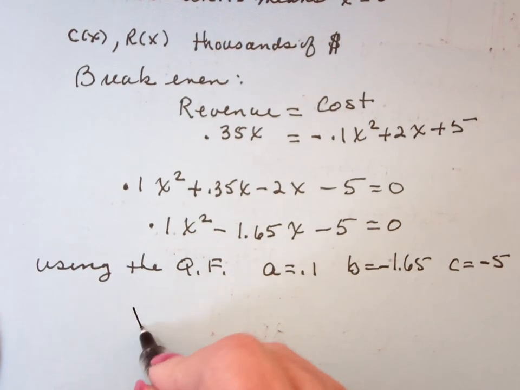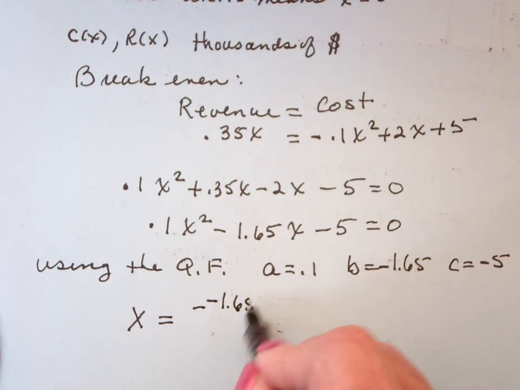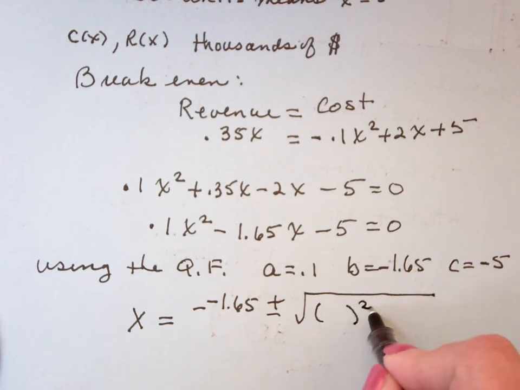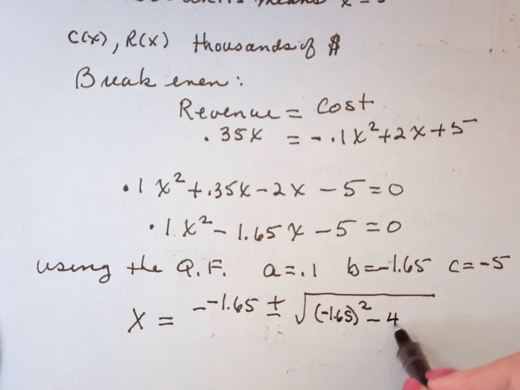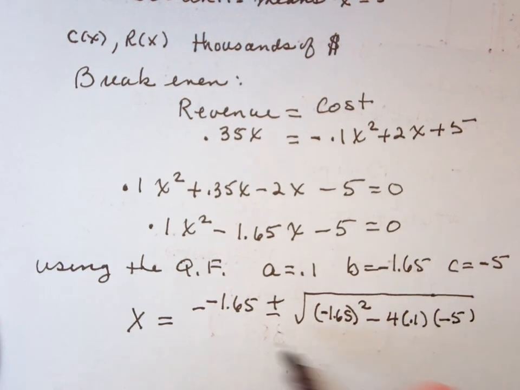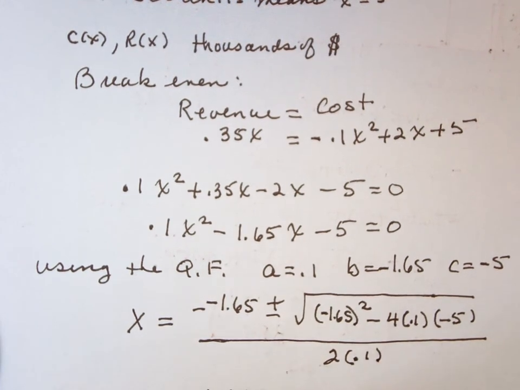My variable is x equals negative b, so 1.65, plus or minus the square root of b squared, and b is negative 1.65, minus 4 times a, which is 0.1, times c, which is negative 5, all over 2 times a, which is 0.1. So this is equal to 1.65 plus or minus the square root over 0.2.